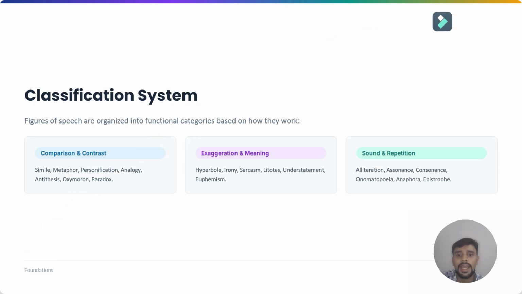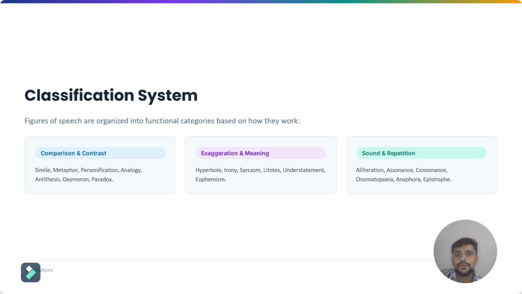Then we have exaggeration and meaning-based expression. Hyperbole, irony, sarcasm, litotes, understatement, and euphemism all manipulate meaning in different ways. Then we have sound devices: alliteration, assonance, consonance, onomatopoeia. And then rhetorical structures such as anaphora, epistrophe, chiasmus.